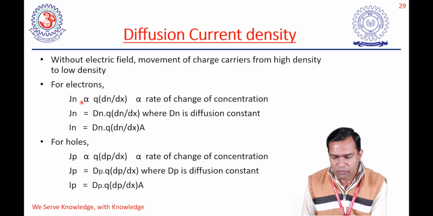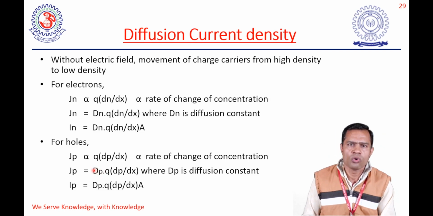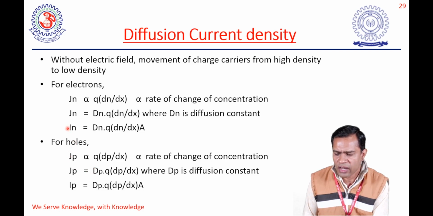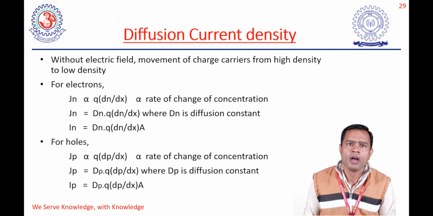This is the proportional sign. If we take an equal sign, we multiply by a constant, and that constant is Dn, denoted as the diffusion constant. And for hole also, it is given by Dp, also a diffusion constant for hole. So these two are very important formulas for finding diffusion current.